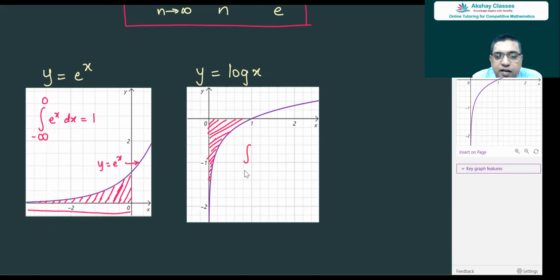So the integral from 0 to 1 of log x dx will be the same in magnitude, but because this shaded portion comes below the x-axis, it will have a negative sign. Therefore, this value will be minus 1. That's a very logical way to think about it. And when you get integrals like this, you don't have to evaluate. You can just directly substitute the value and get the answer.